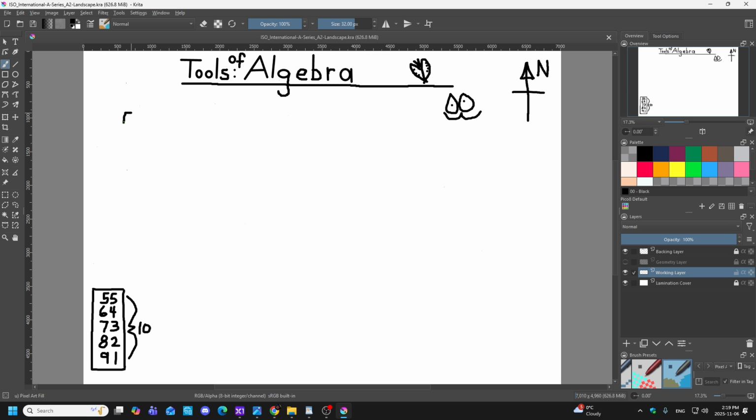Here is the problem. 5/6 divided by 2/3.